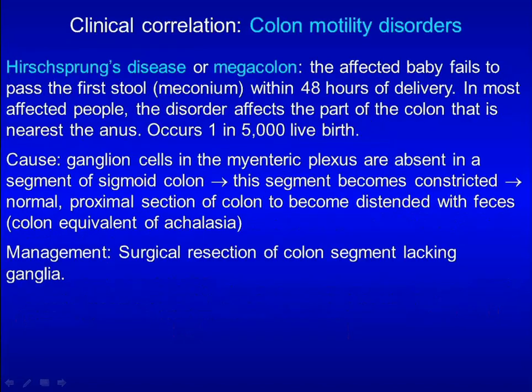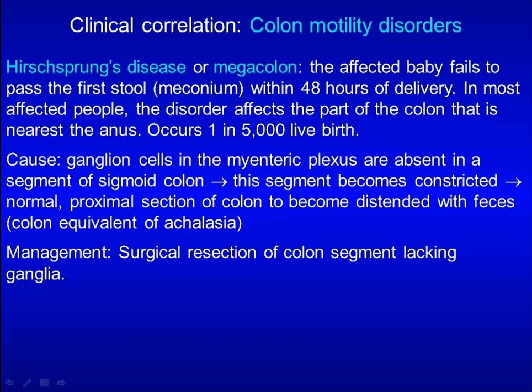Here is a clinical correlation. We will look at colon motility disorders. The first condition is Hirschsprung's disease, or megacolon. Babies affected with Hirschsprung's disease fail to pass the first stool within 48 hours of delivery. It is caused by absence of ganglion cells in the myenteric plexus in a segment of the sigmoid colon.